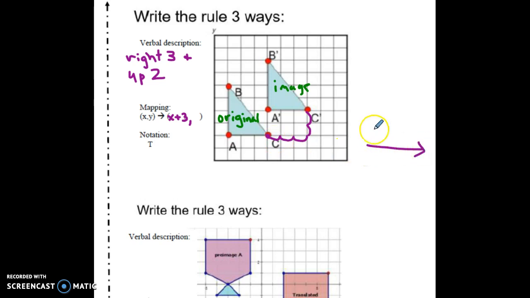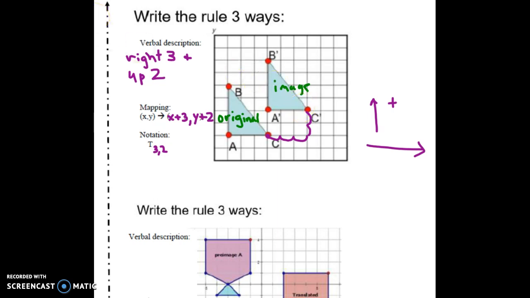Moving up, think about your y-axis. All your positive numbers are moving up, so that's why I'm going to say y values got plus 2. I moved up 2. And then again, my T notation, I don't need the x and y anymore. I'm just going to grab my numbers. I have a positive 3, I have a positive 2 that describes this movement of going to the right 3 and up 2.